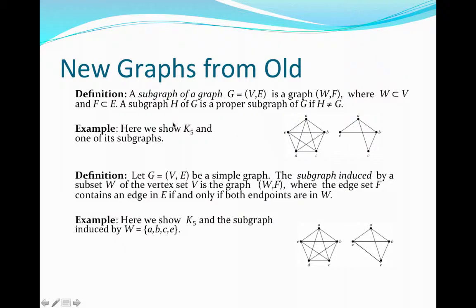In the case that it does not contain either all the vertices or all the edges or both, it will be a proper subgraph. So H will be a proper subgraph of G if it's not equal to G.